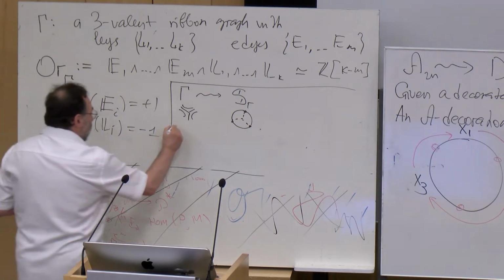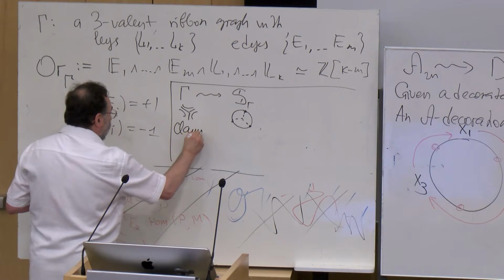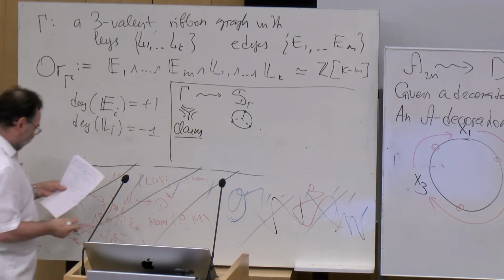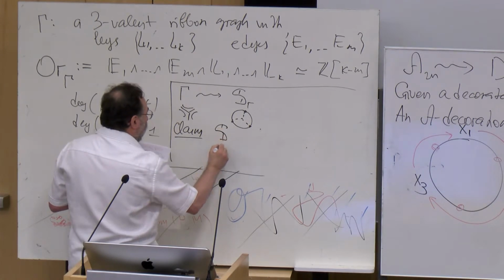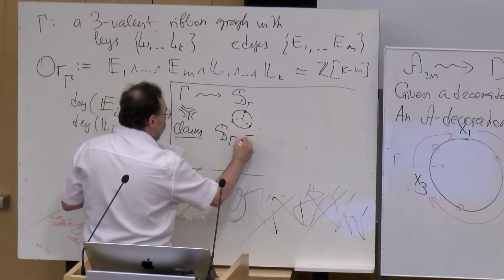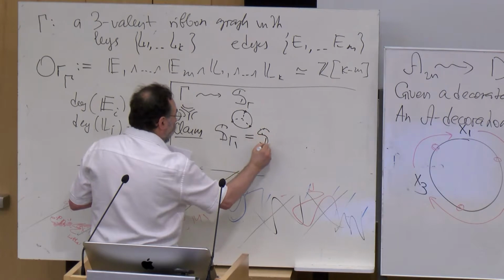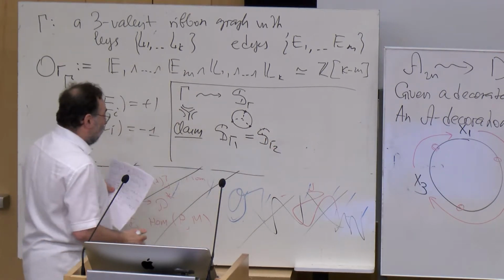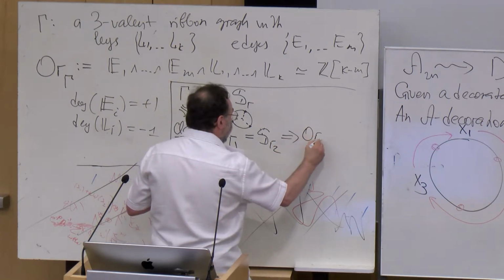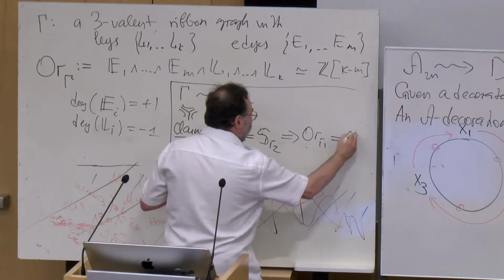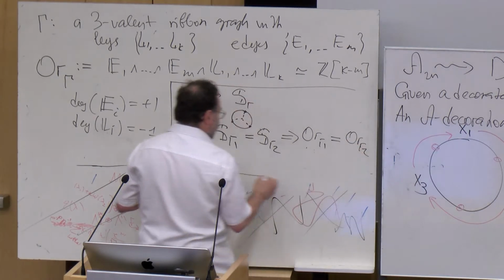And now there is a claim, which would be less mysterious if I used a definition with the volume forms, that if you have 2 surfaces which are actually isomorphic, related to 2 different graphs, then the corresponding orientation torsors are related by some isomorphism.